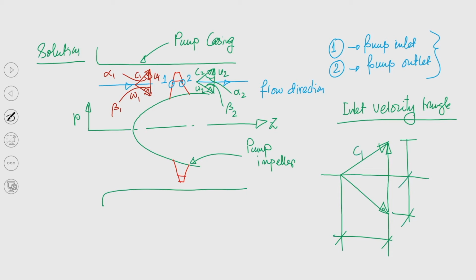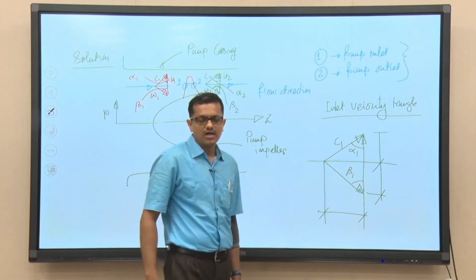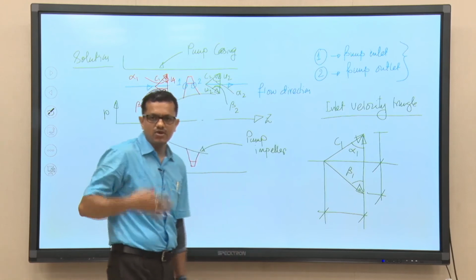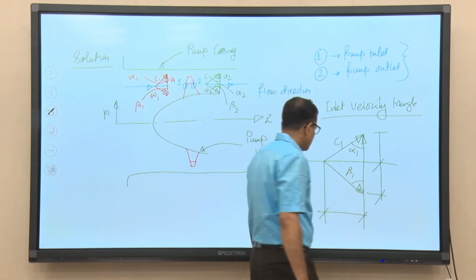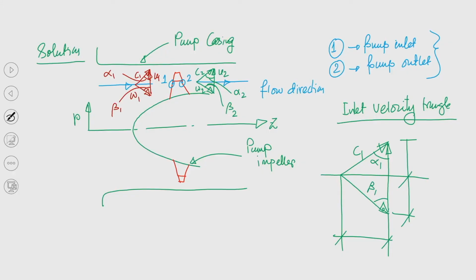We have seen this angle is the absolute flow angle at the inlet. So, this is alpha 1, this is the inlet blade angle, this is beta 1, that is what we have discussed many times, even when we solved problems related to radial flow pumps. So, this is U1.